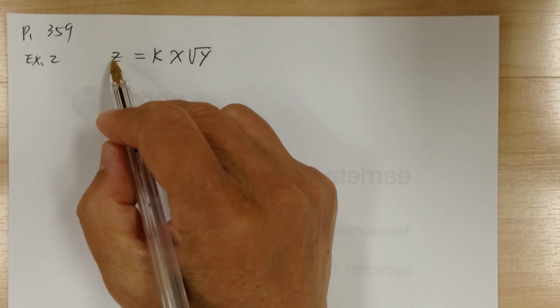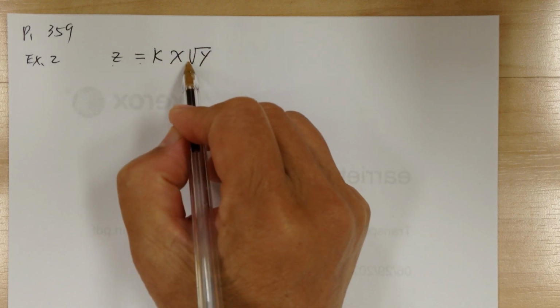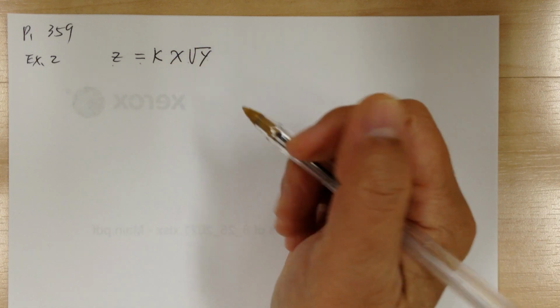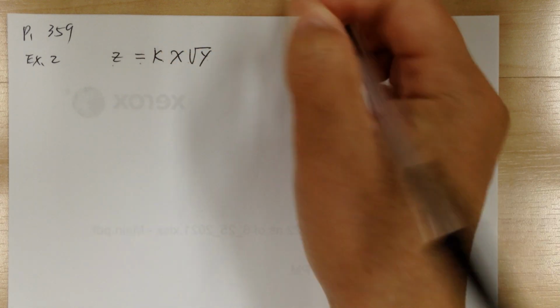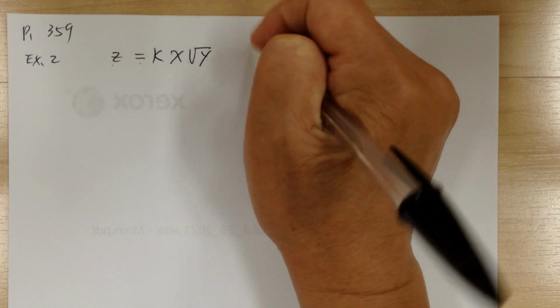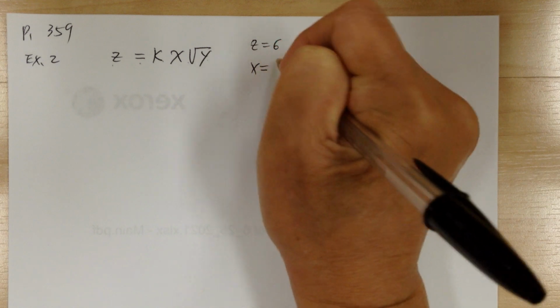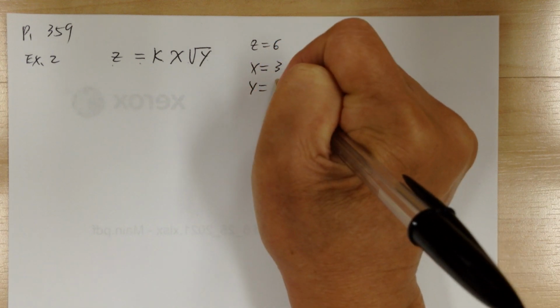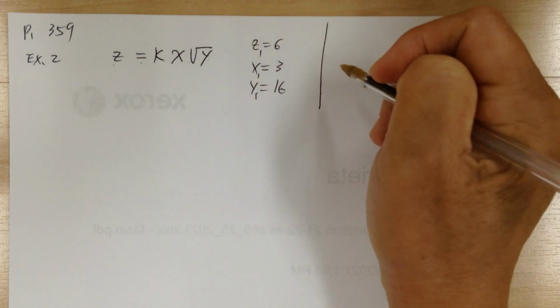So z varies jointly as x and the square root of y. Again, when you see the variation, you have to write the constant. Then after that, you get your situation. z equal to 6 when x equal to 3 and y equal to 16. That's your first scenario, case 1.